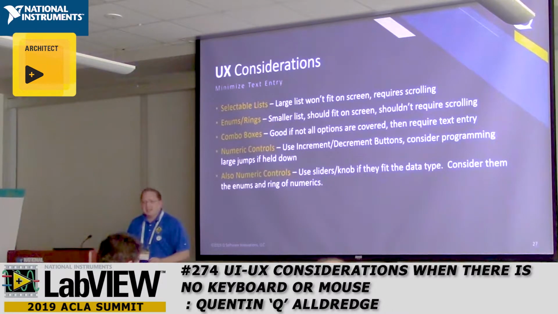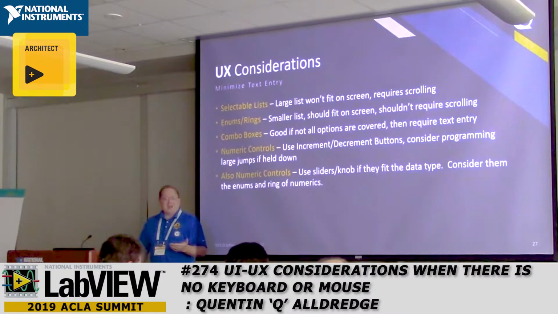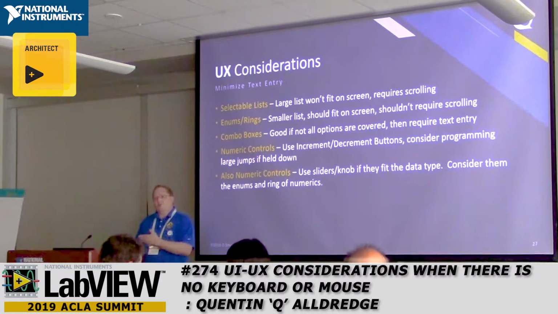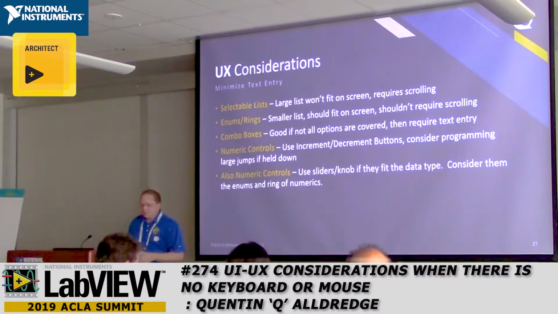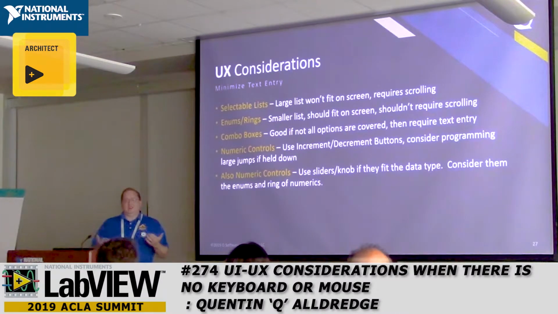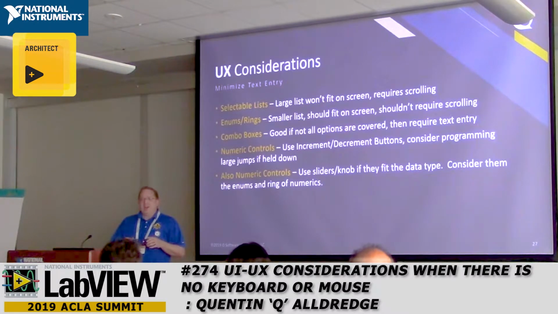Okay, minimize text entry. This is just a rule of thumb. For touchscreens, even though we did have an on-screen keyboard, we tried really hard to make it so that places where you normally enter text, you don't enter text anymore. One example of this in a tablet, smartphone world would be, when you're filling out a form and it got to state, you used to type in the abbreviation for the state.